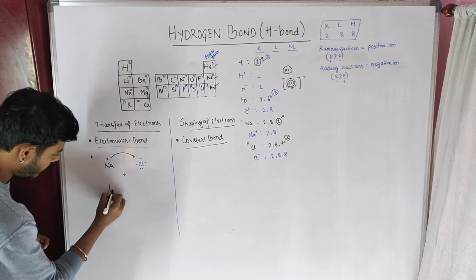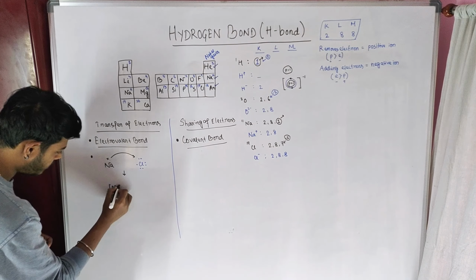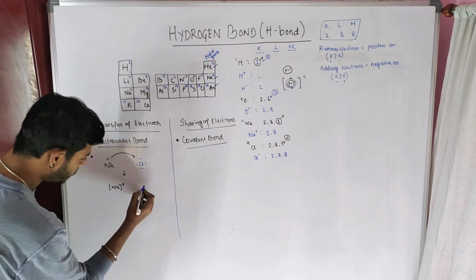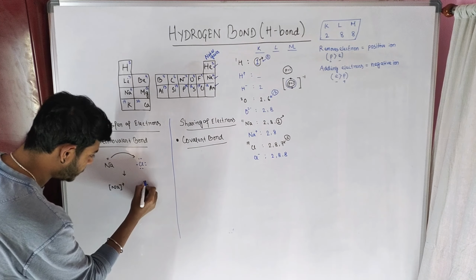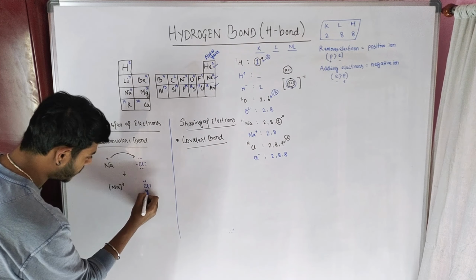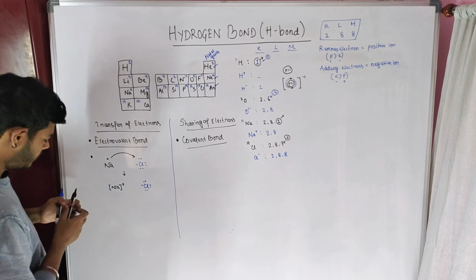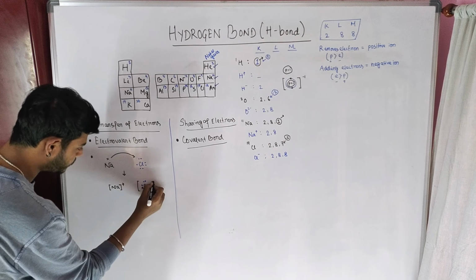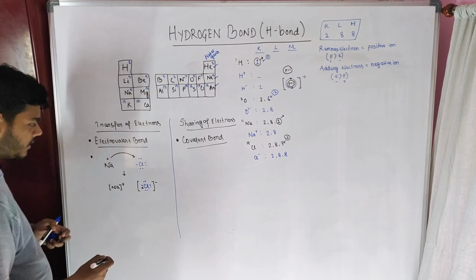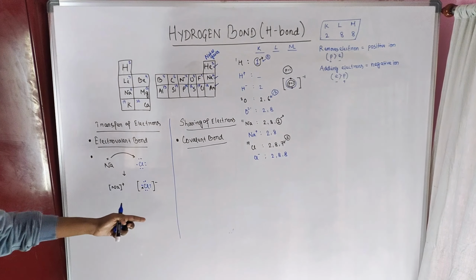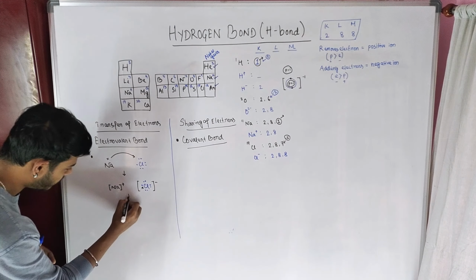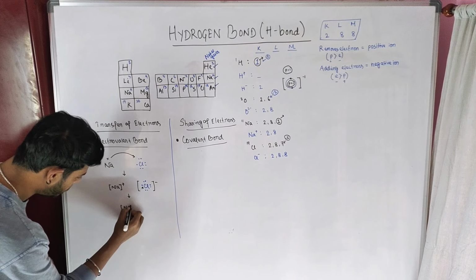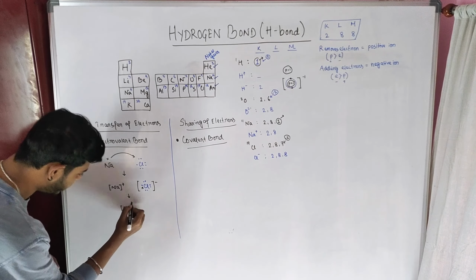So sodium needs to remove 1 electron and chlorine needs 1 extra electron. So sodium will transfer its electron to chlorine, and chlorine, who needs 1 electron, will accept this electron from sodium. Sodium, after removing 1 electron, will form a sodium ion. And chlorine, after accepting the one electron from sodium, will form a chloride ion. And since positive and negative attract, they will together form a compound with a stable configuration.